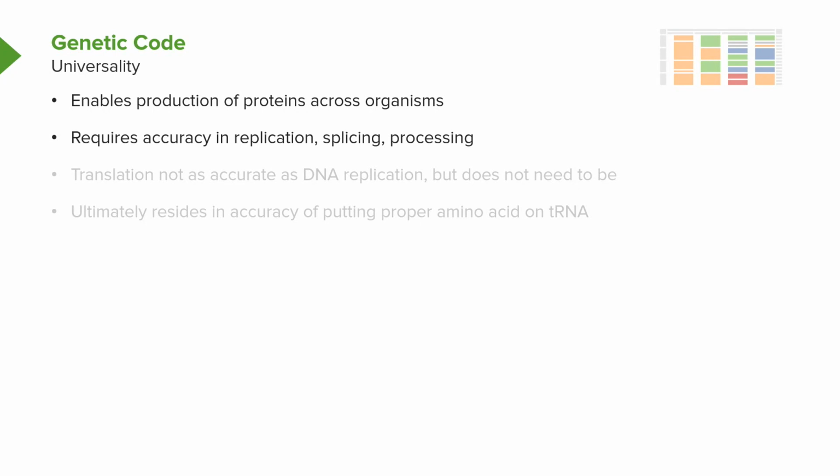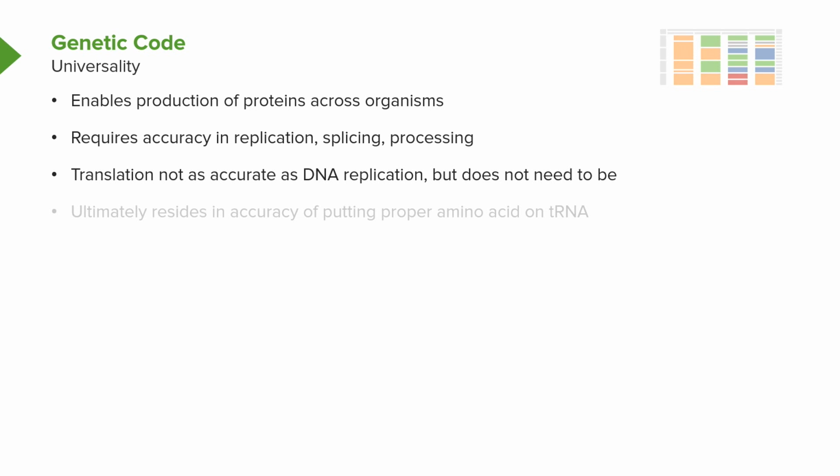The last thing that has to happen relative to the actual sequences is the processing of these individual RNAs. The processing to make them translatable, to modify the RNAs as necessary to improve their function or to facilitate their function, is essential. So without these things going on, the genetic code would have no meaning.